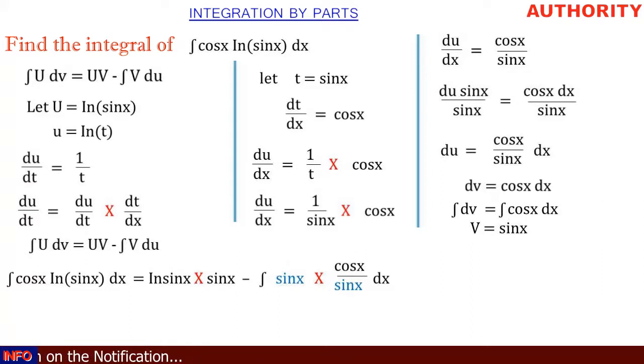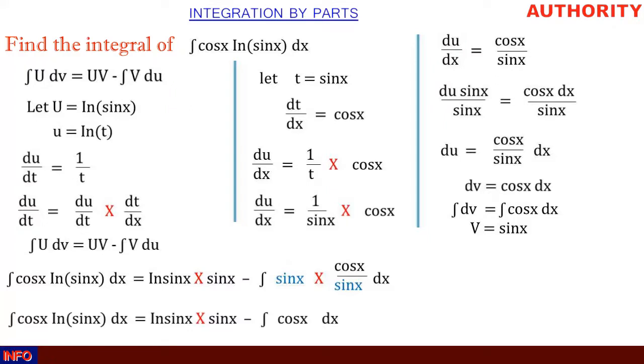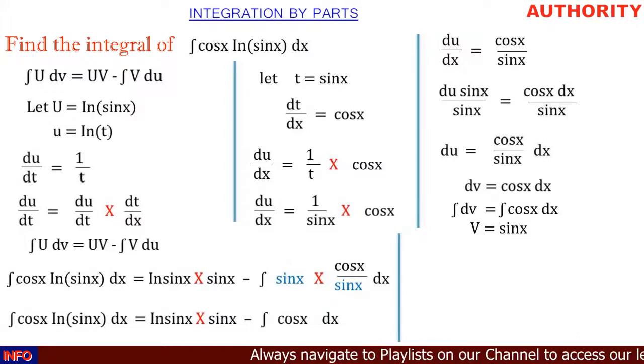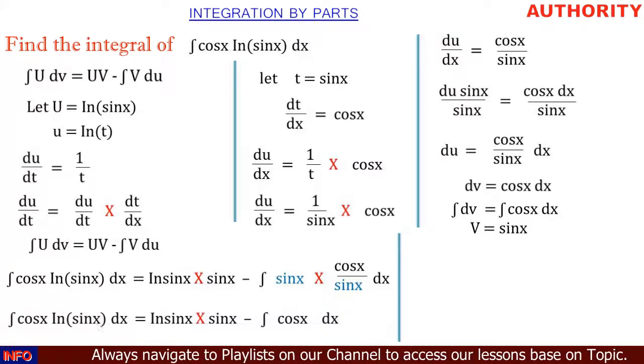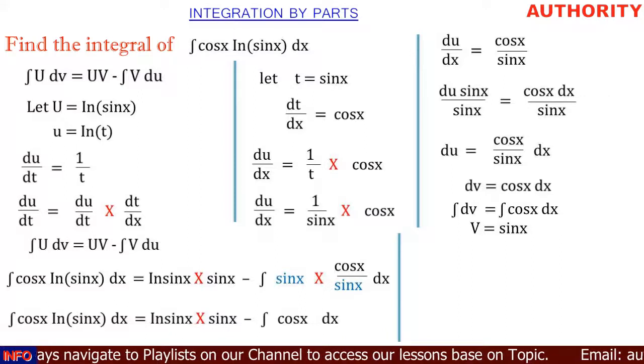Our du is cos x over sin x dx. Here we cancel sin x, and we'll be left with cos x dx. So we have the integral of cos x ln sin x dx is equal to sin x ln sin x minus the integral of cos x dx.